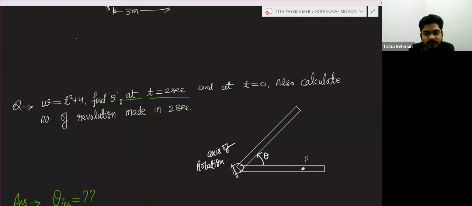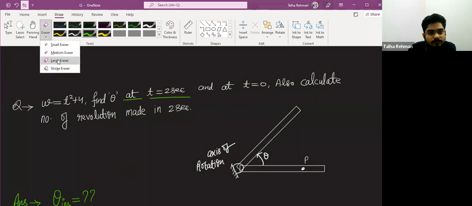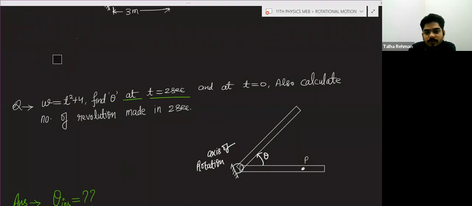Actually, in this question, it will be given... I think this will not be the question, at t equal to 2 seconds. Just a minute.